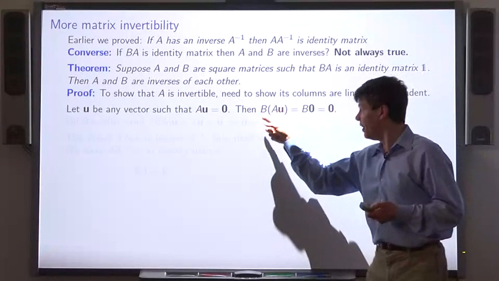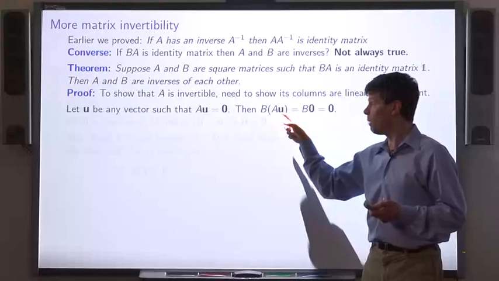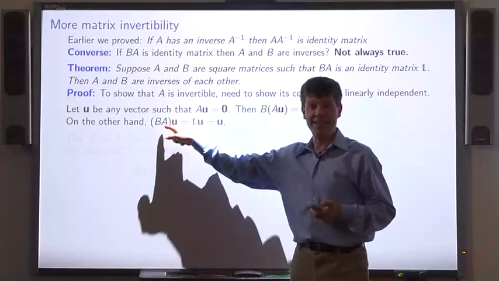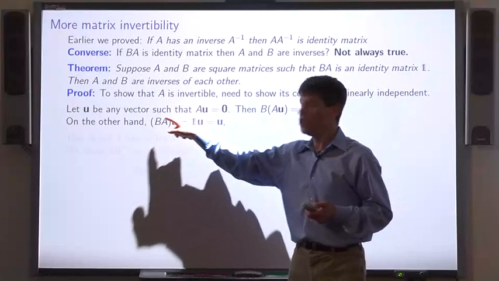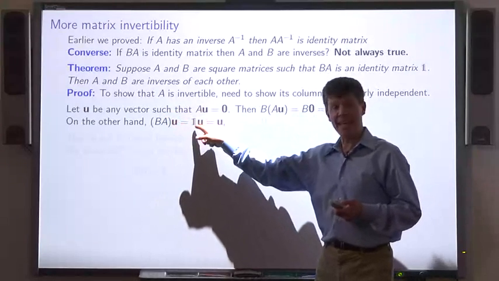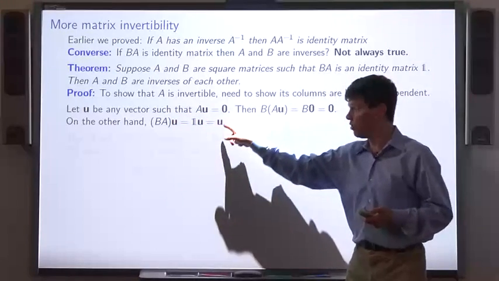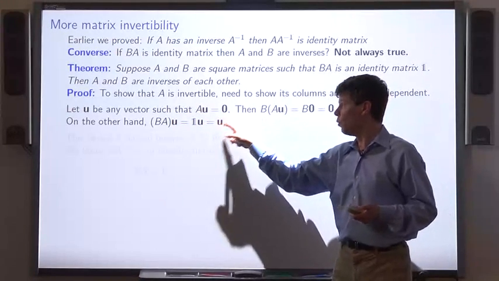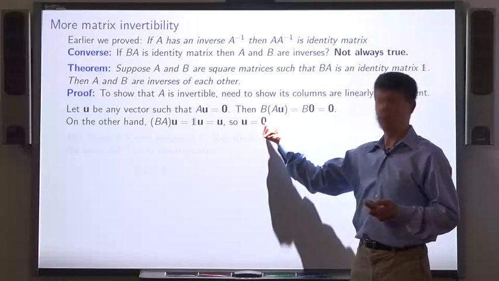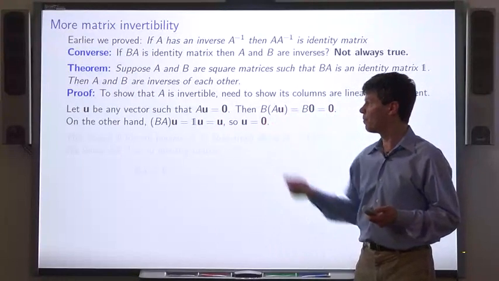On the other hand, this quantity is equal by associativity to this quantity. Now B times A is the identity matrix. So B times A times the vector u is the identity matrix times u, which is u itself. Well, that shows that u must be equal to the 0 vector.